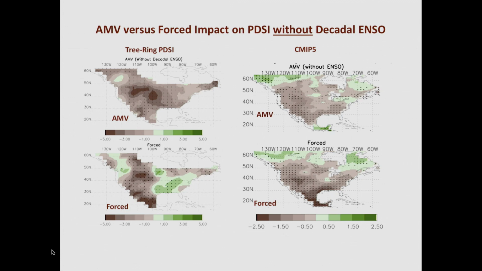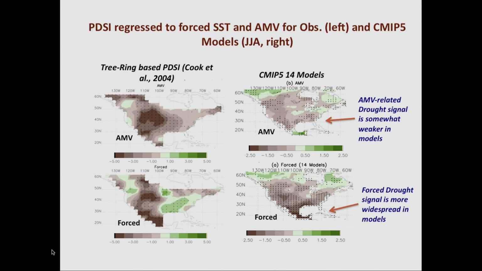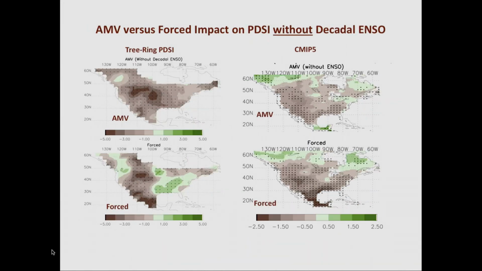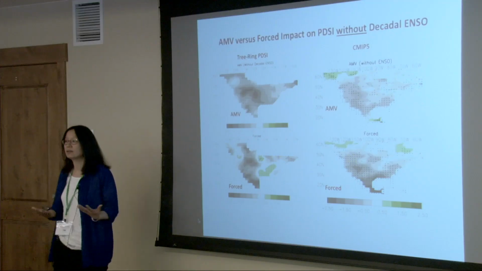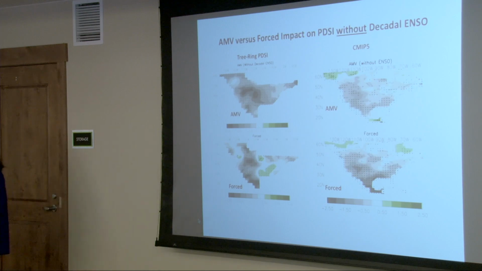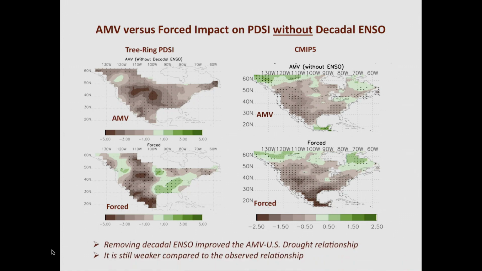I can compare to the one that you've seen before. This is with the ENSO included, and this is without ENSO. There's a slight improvement when you take out the ENSO signal, but more or less the discrepancies we saw in the one with ENSO are still there.